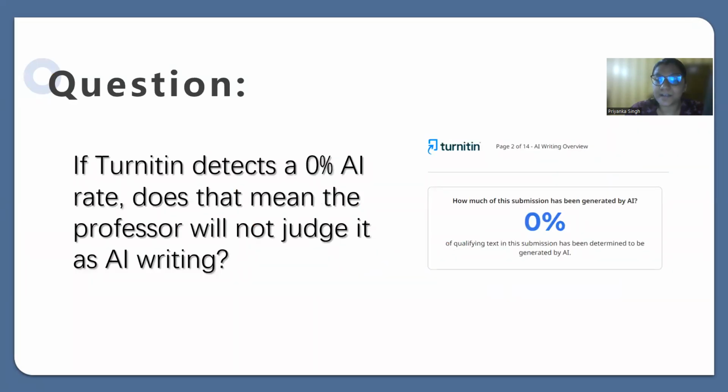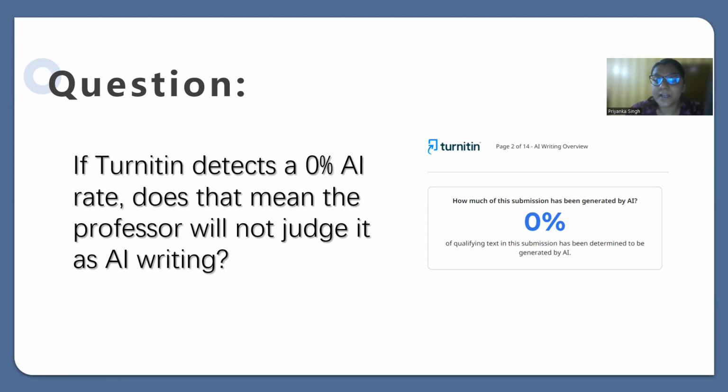Let's consider another question. If Turnitin detects a 0% AI rate, does that mean the professor will not judge it as AI writing? Well, it's important to understand that even if Turnitin does not identify AI-generated content, this does not guarantee that your work is safe.